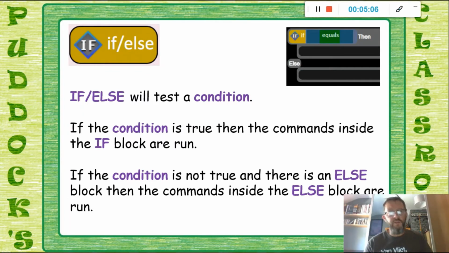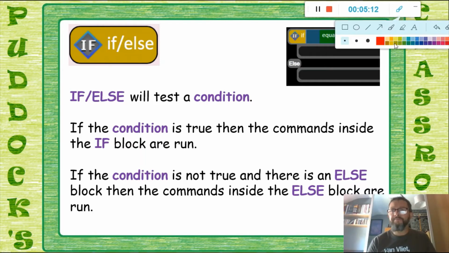Okay, so we've looked at variables. Now let's look at this command that's been causing people some problems. So we're looking at the if-else command, which is this one up here. And the if-else command is where it's telling us that we're making a choice.